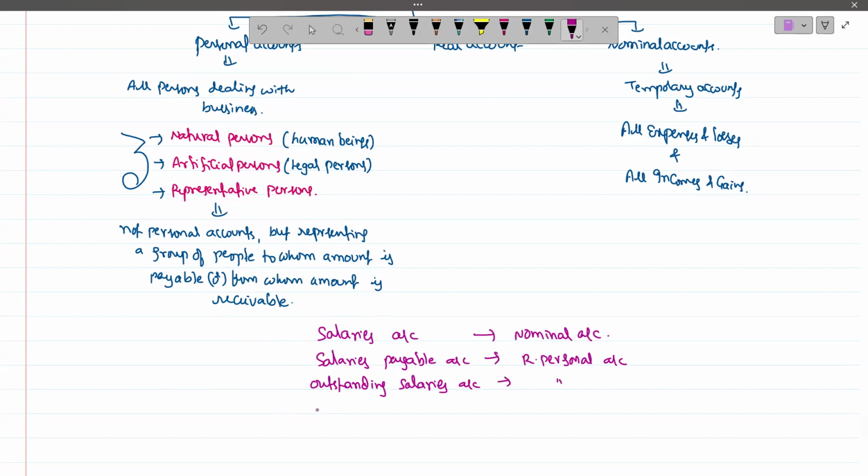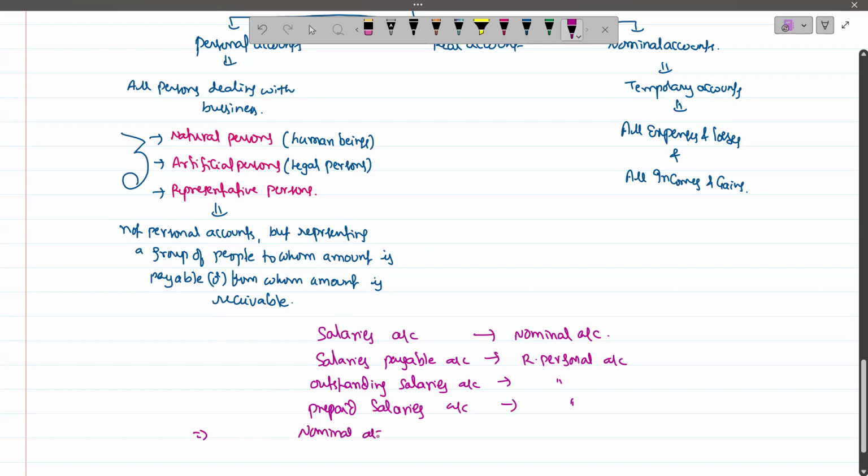Outstanding salaries are representative personal. Prepaid salaries account is also representative personal. Simply put, in case of a nominal account, any prefix or any suffix added, that becomes what?